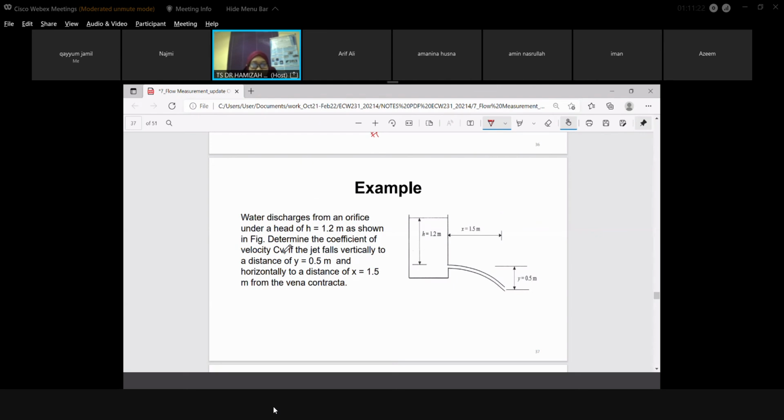The coefficient of velocity is CV. It falls vertically Y 0.5 and the horizontal distance is 1.5 from the vena contracta. The vena contracta is the diameter of the orifice.